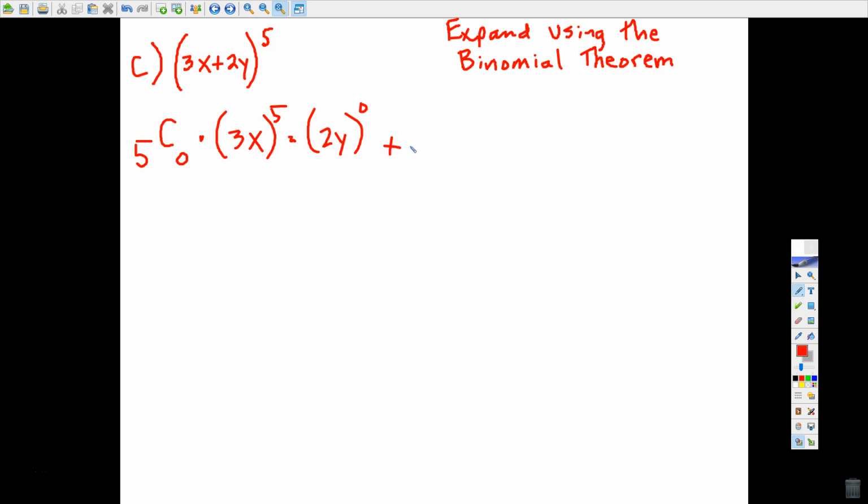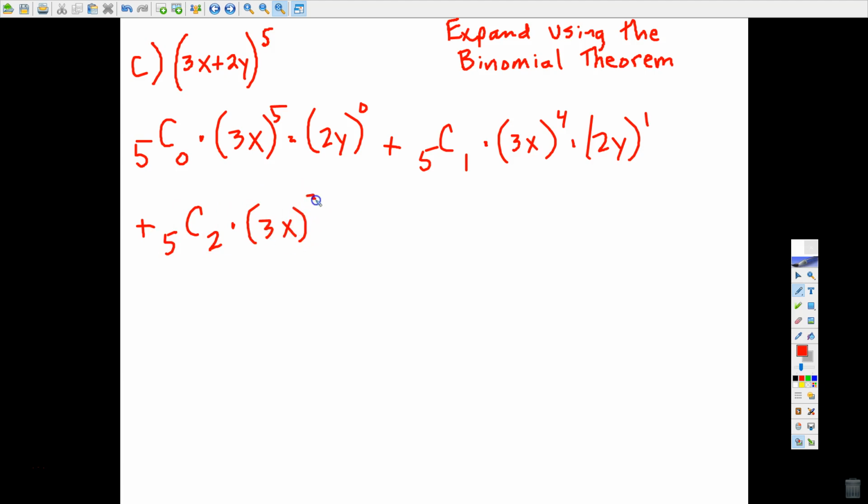Somebody raise your hand and tell me how I will calculate the second term. Yes? 5c1 times 3x to the 4th power times 2y raised to the 1st power. Very good. All right, John, give me the next term, how I would calculate it. 5c2 times 3x to the 3rd times 2y to the 2nd. Good.